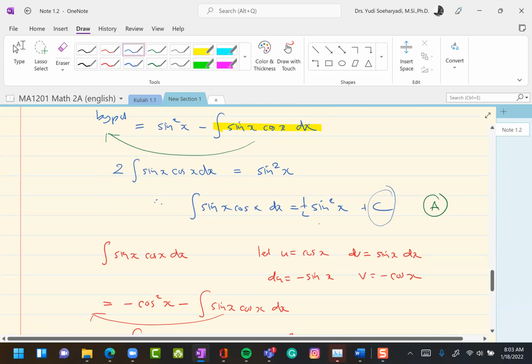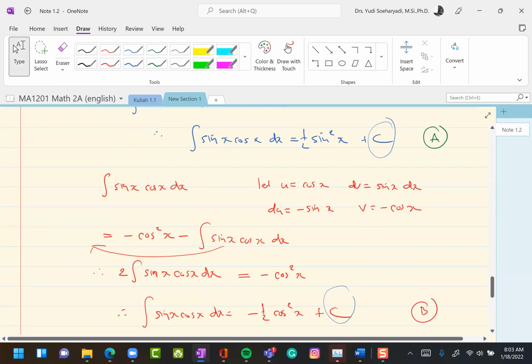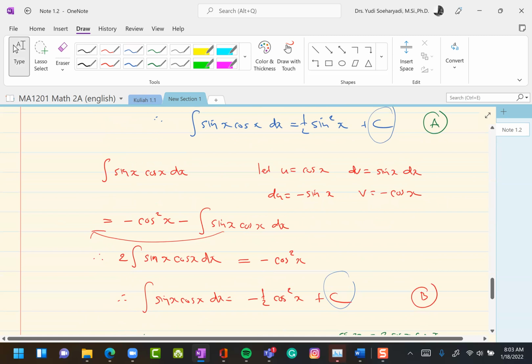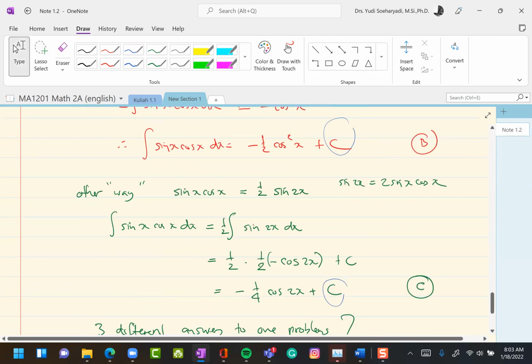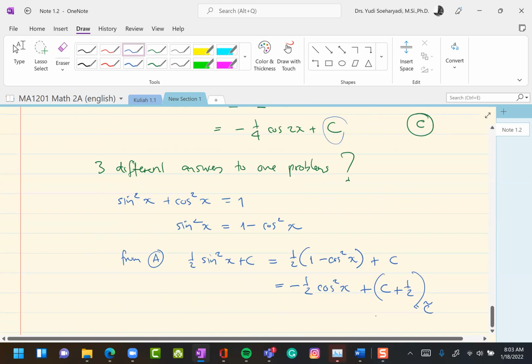It's just the same letter, but the value may be different. So it turns out the C is just C in A plus 1/2.